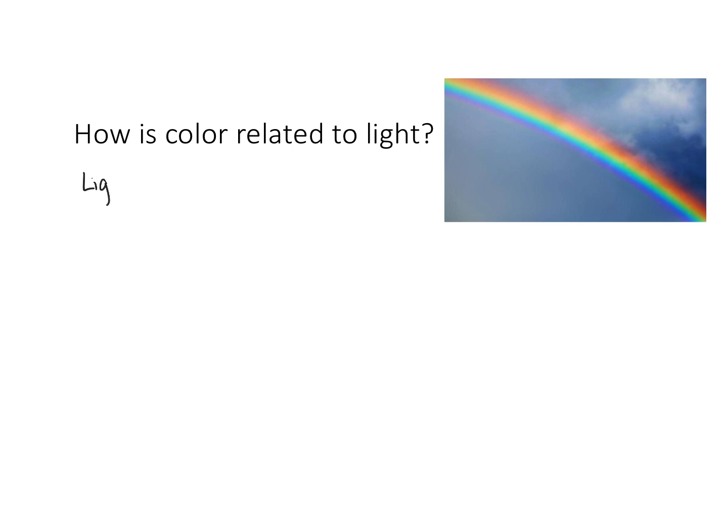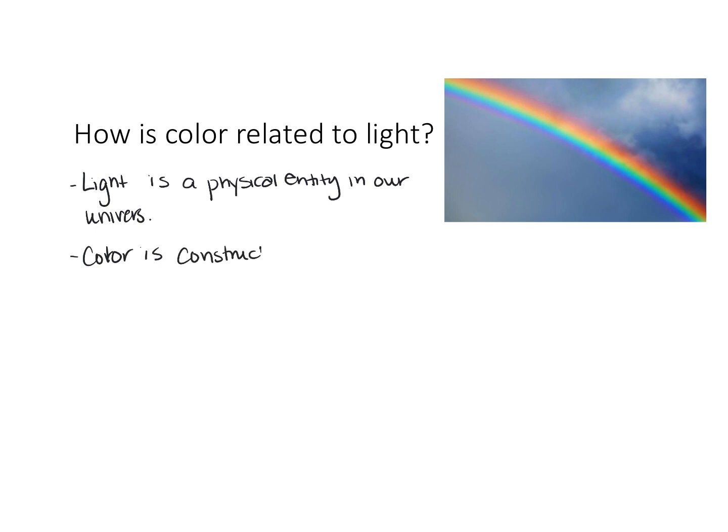So light is a physical entity in our universe. Okay? Color is constructed by a brain, right? And the colors that are actually perceived depend on whose brain is constructing them.